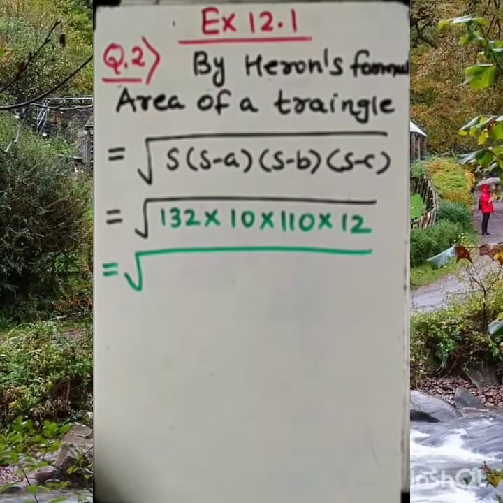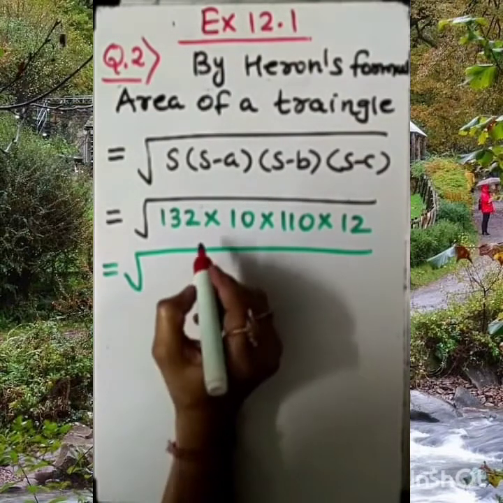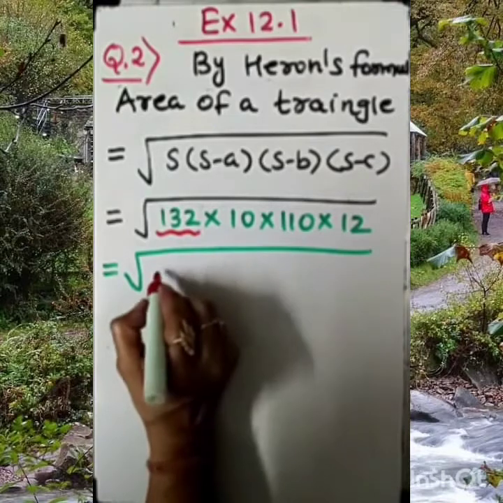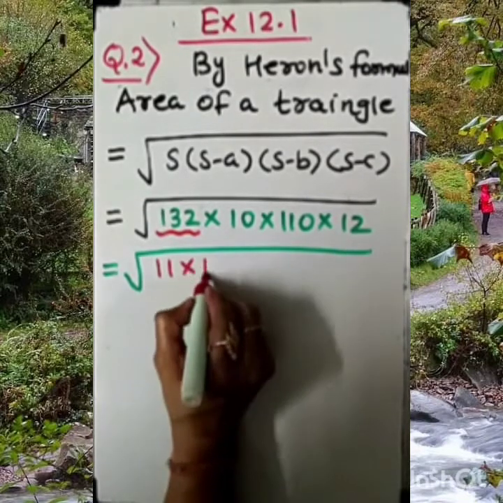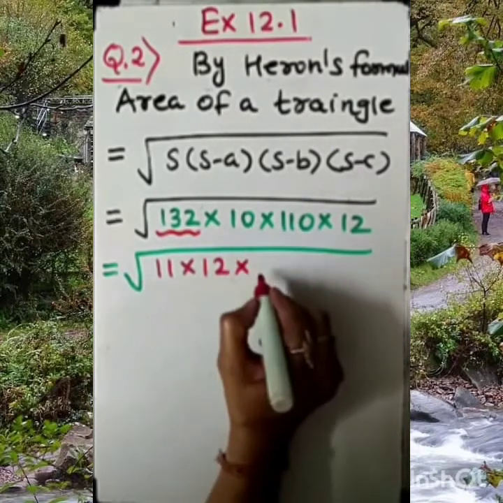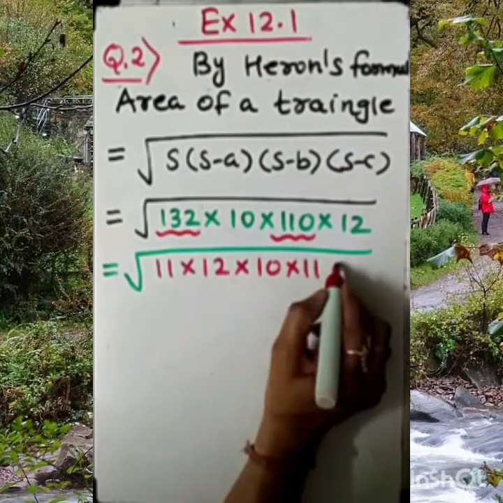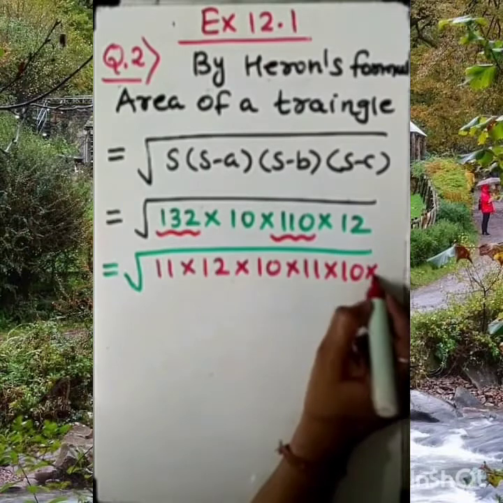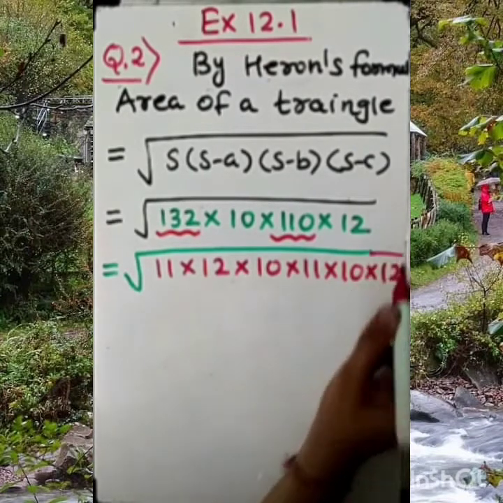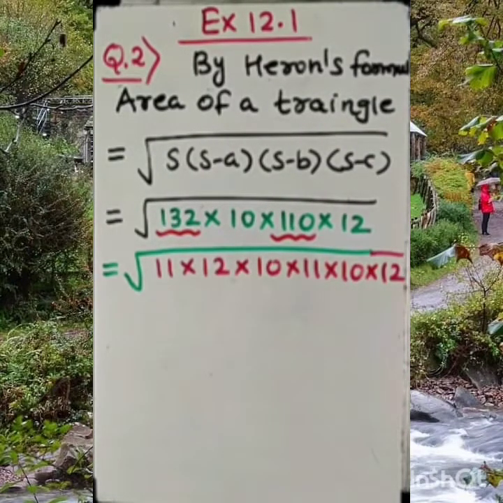132 has factors which we can write as 11 into 12. Beside this, here it is 10. This 110 can be written as 11 into 10, and this 12 is already here. You can see, dear student, I split the 132 and 110 for our convenience.